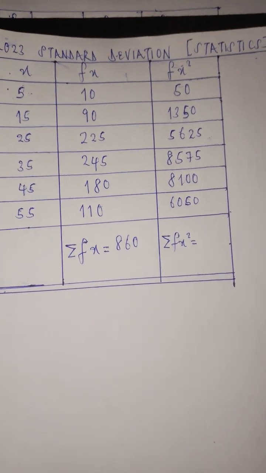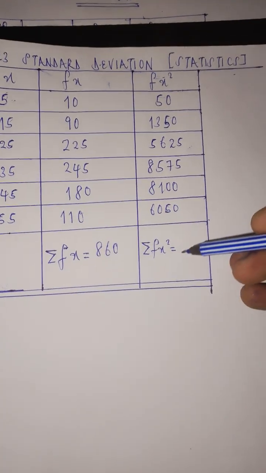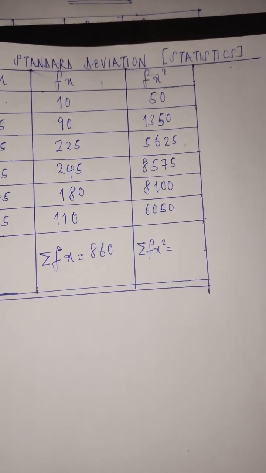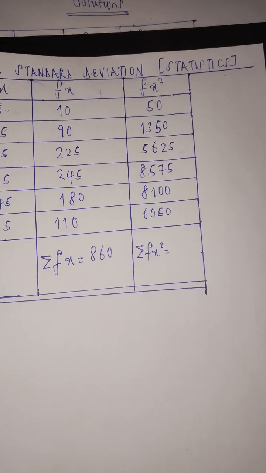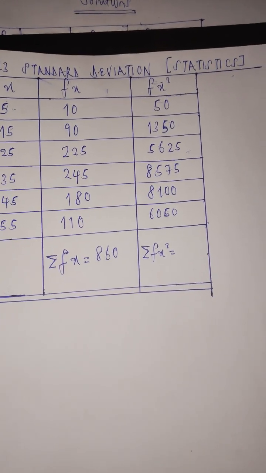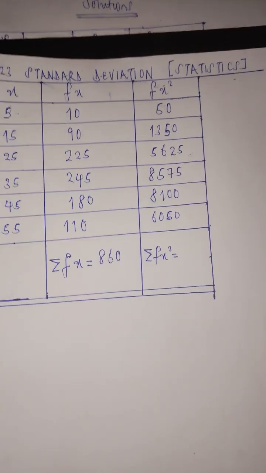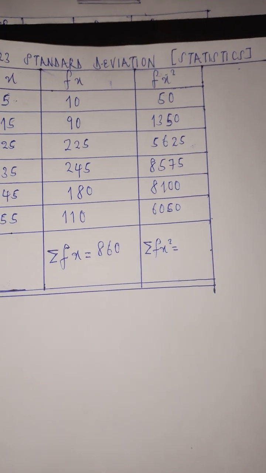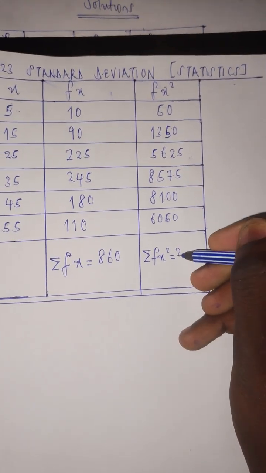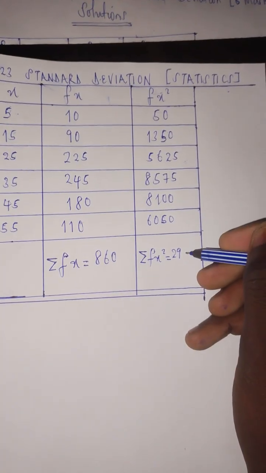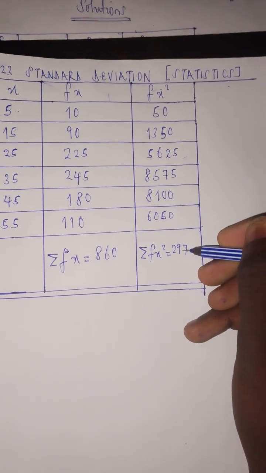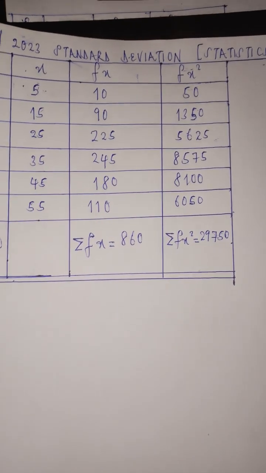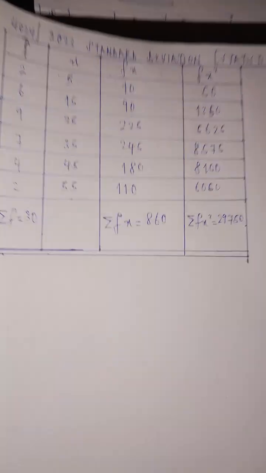Then to find summation of frequency multiplied by square midpoint, I'm going to say 50 plus 1,350 plus 5,625 plus 8,575 plus 8,100 plus 6,050, and that is giving 29,750. Okay, I'm done with the table.